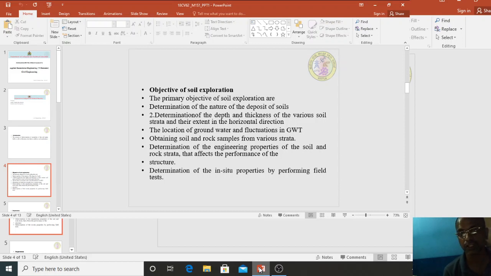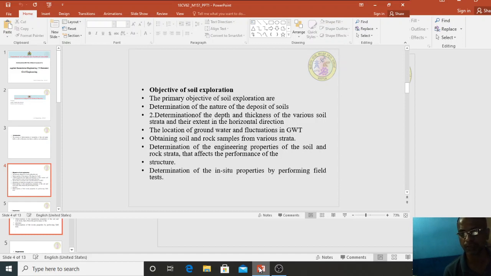Next is obtaining soil and rock samples for various laboratory and field tests to assess other engineering properties and index properties. And sixth, once we do soil exploration, we can decide the in situ properties of the soil and what type of field test we have to do. All the tests which we conduct in the field may not be suitable for all ground.